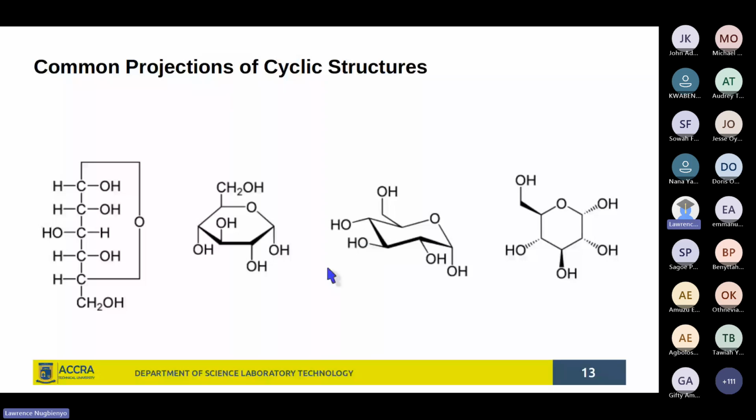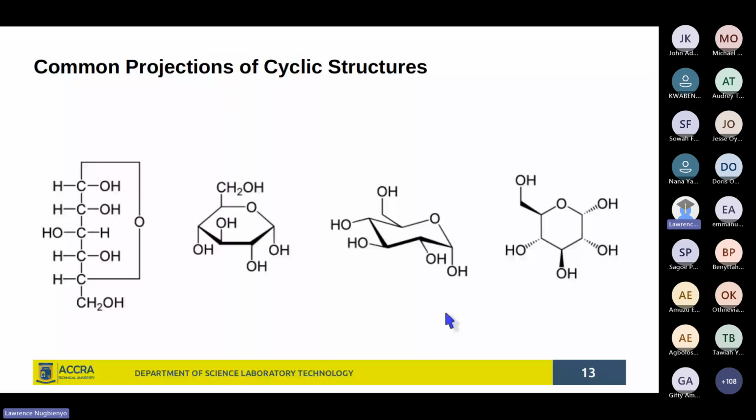If you take the Haworth projection itself, which is the second one, that is referred to as a planar conformer, like it's on a plane. Then you have a chair conformer. We saw that even with a chair conformer, we can also have a boat conformer and some other conformers as well, but we have stuck with just the chair conformer and the boat conformer.